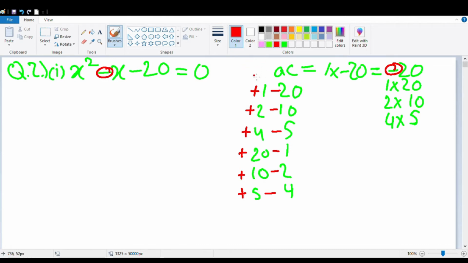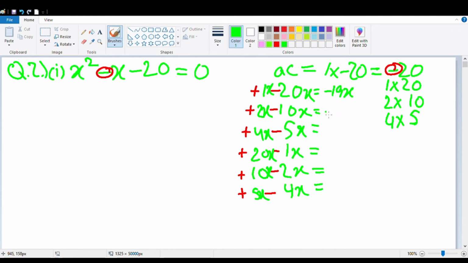Let's see. By the way, we can write x with this if we like. It doesn't really make a difference because this is just for reference. So let's just write x anyway, though. This way, the first way, we get negative 19x.